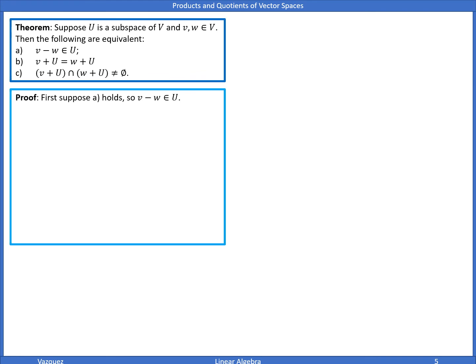So first off, we're going to suppose A holds and show that we get B. So suppose v minus w is in U. Well, v plus U is just the same thing as, okay, so here all we're doing is adding 0, w and negative w. We're adding a w, subtracting a w, just to get this equality.